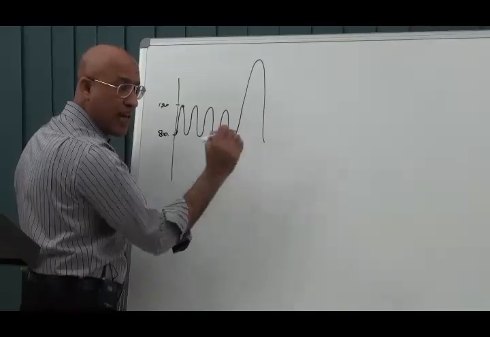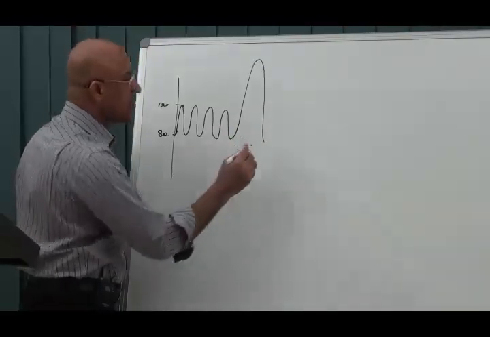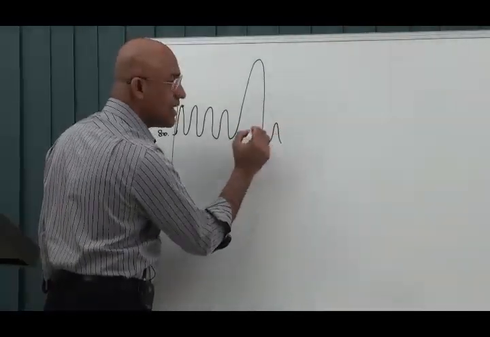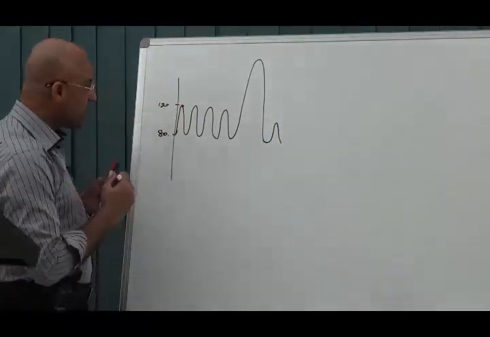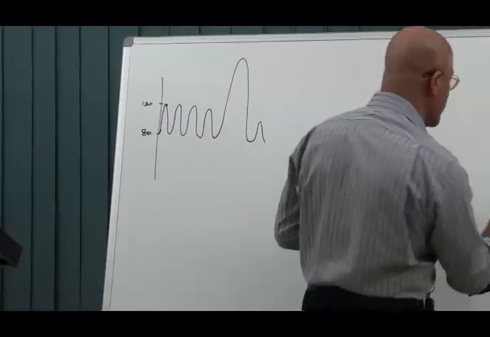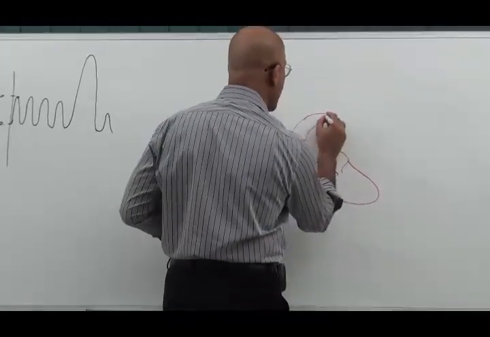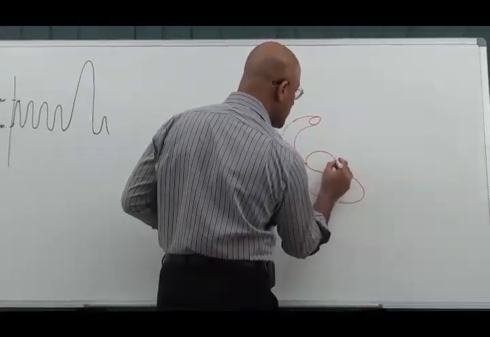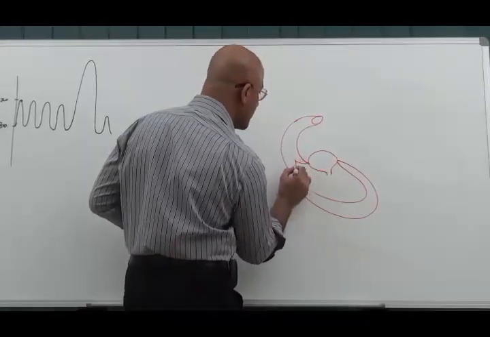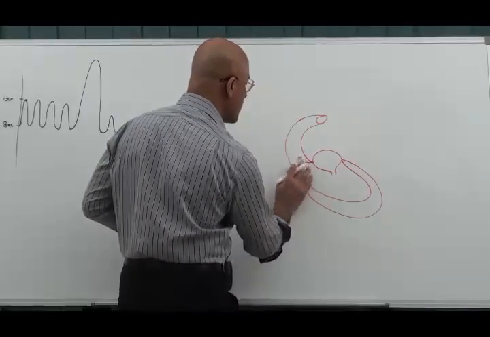Or if my left heart contracts very weakly, then systolic blood pressure will be less than normal. So systolic blood pressure depends on the performance of the left ventricle. This is your left ventricle, and this is the valve.